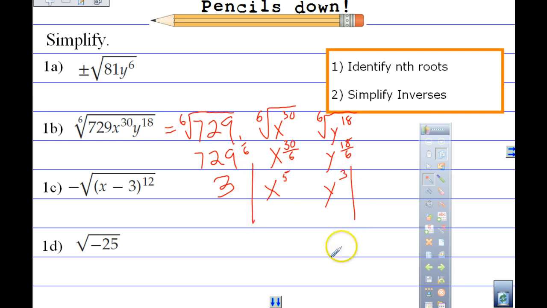Absolute value around all of them. You could do it individually, but it's easier. Looks a little bit nicer. Just all the odd variables we have absolute value. And for now, for the time being, I know you guys know that this equals 5i, but for now we're just going to say not real.